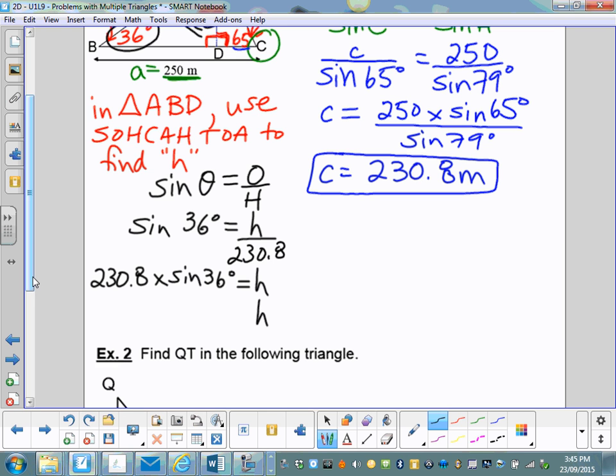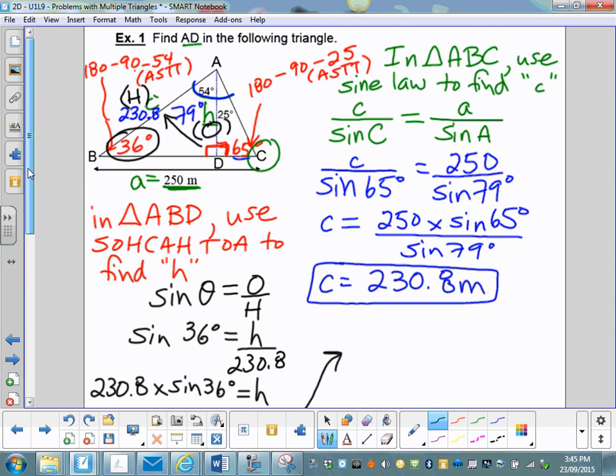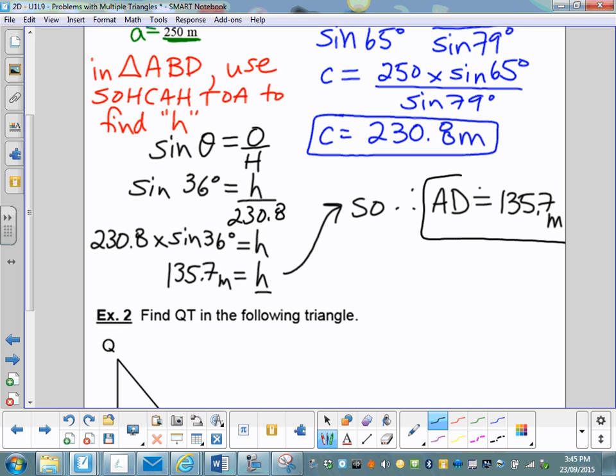So I end up with h equals 135.7 meters when I calculate that. At the beginning they wanted to know what AD was. We were using h to represent AD. So therefore AD is equal to 135.7 meters. So that's my final answer there.